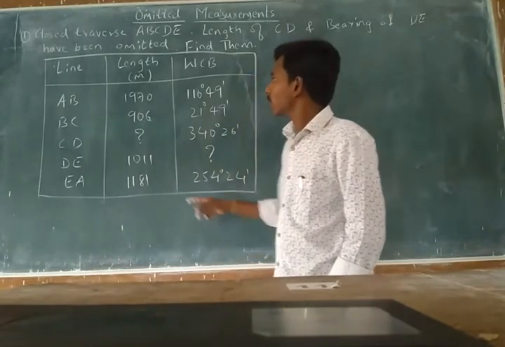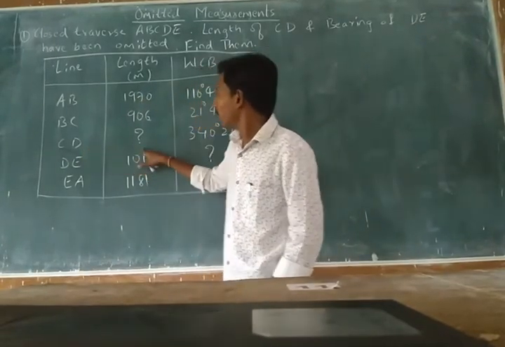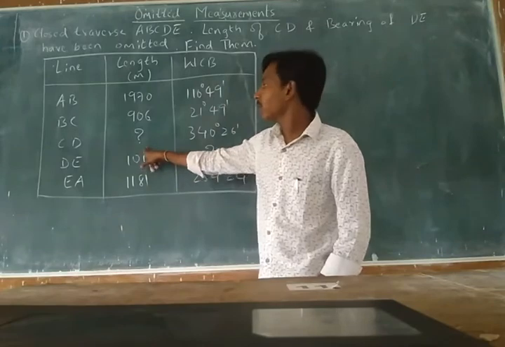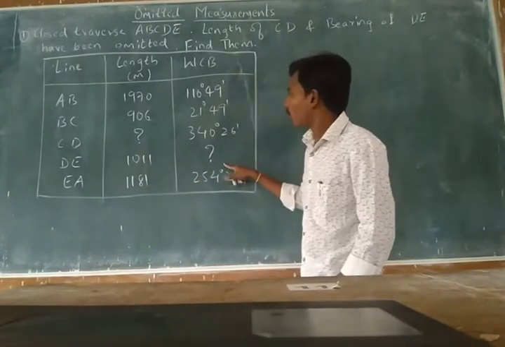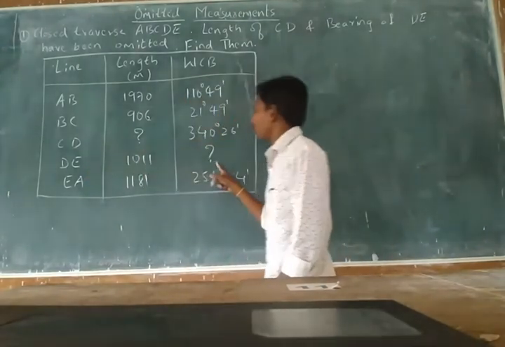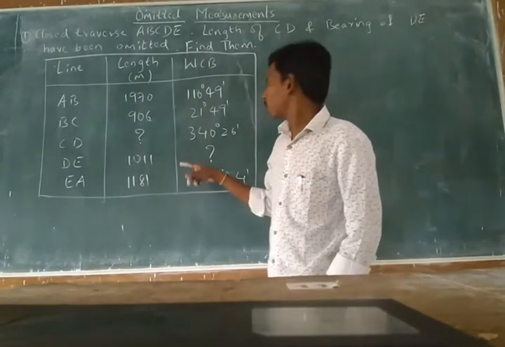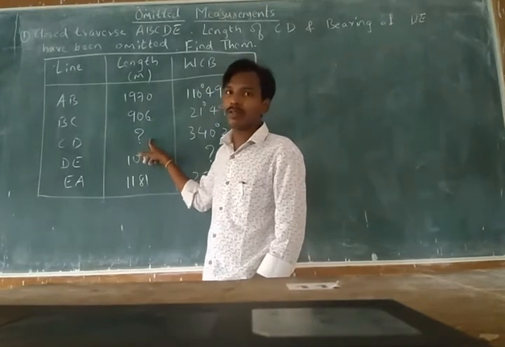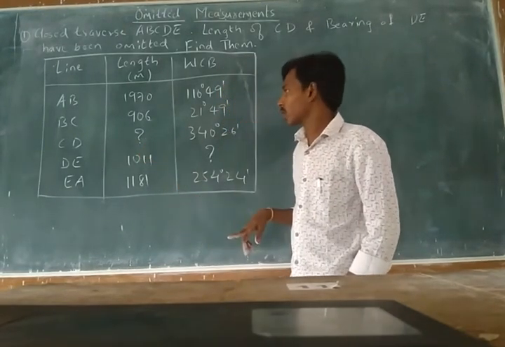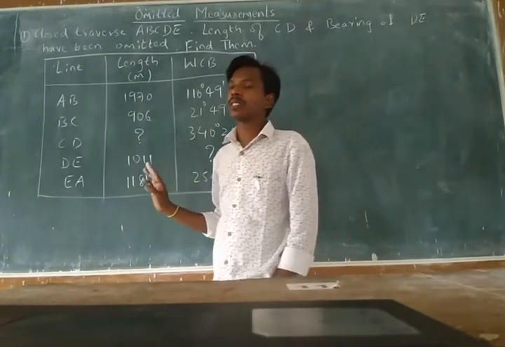Here you can see the length of CD is not given and the bearing of DE is not given. So this is the second criteria, that is bearing of one line and distance of another line. So this is the problem from the second criteria.